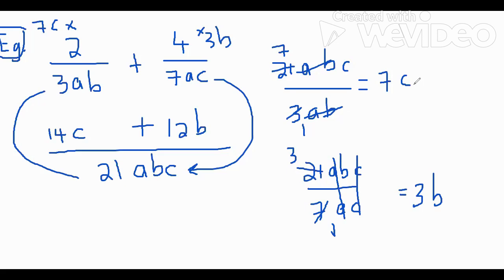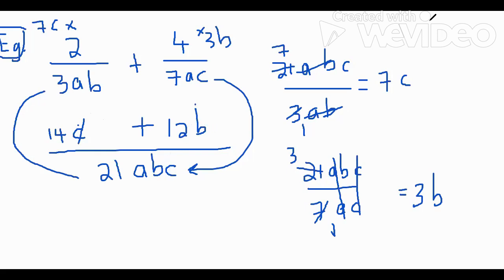Okay, you remember, you can't add C plus B. You can't do anything to it. You have to just leave it like that. And you can't say C cancels a C there and B cancels a B there. That's incorrect.